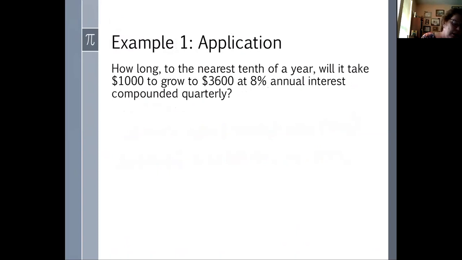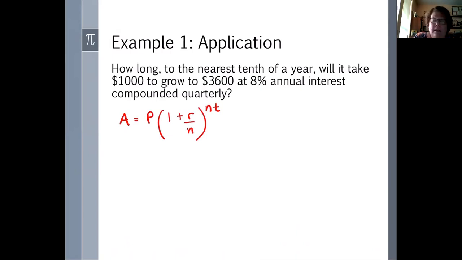And that formula looks like this. The amount accrued in an investment is equal to the principal times 1 plus the interest rate expressed as a decimal divided by the number of compounding periods that you have, raised to the number of compounding periods you have times the number of years that you're investing this money, how long you're investing it.